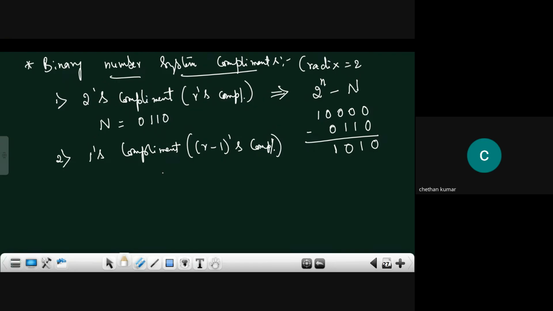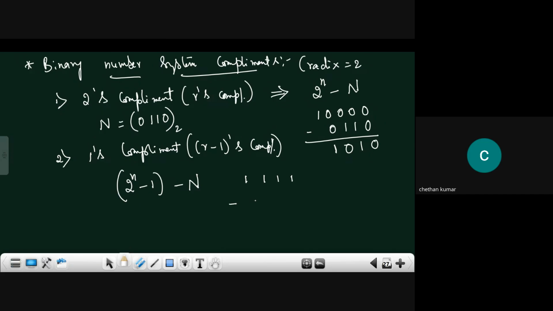Now, can you do the same problem in 1's complement? The 1's complement means 2 power n minus 1 minus capital N. You take the same number with base 2 and 4 digits. 2 power 4 is 16. 16 minus 1 is 15. 15 in binary is 1, 1, 1, 1.